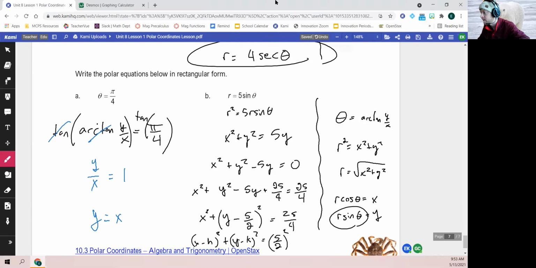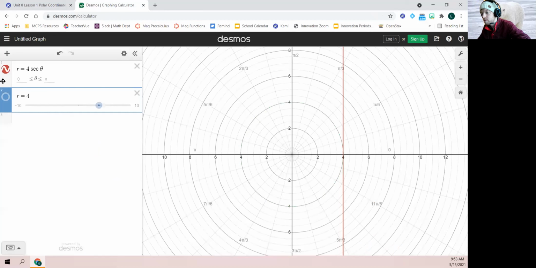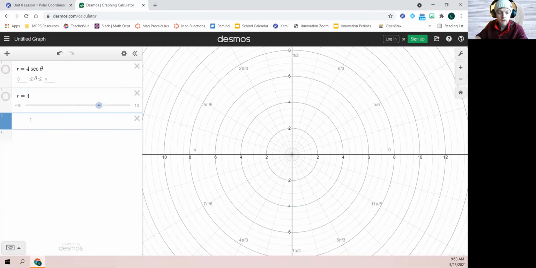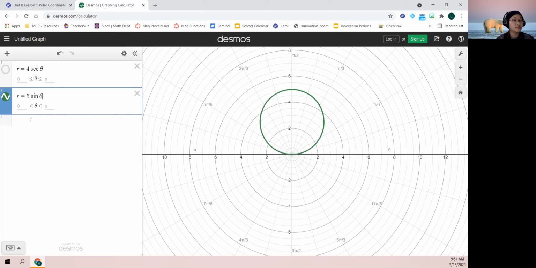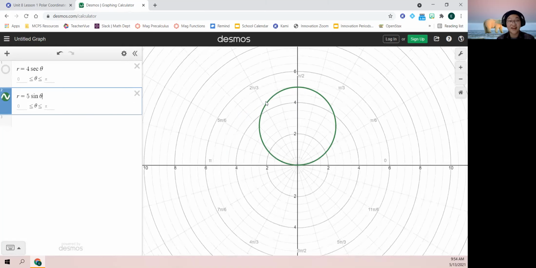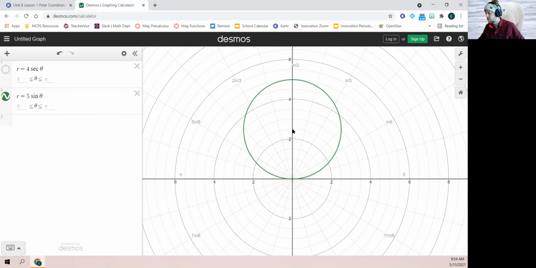Let's graph it in Desmos. r equals, what was it? It was 5 sine theta. Look at that. 2.5 right there, 5 halves is our center.